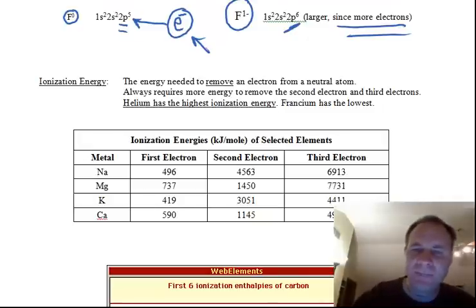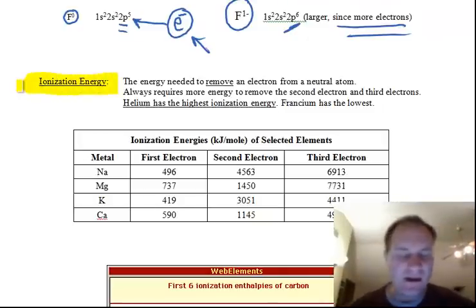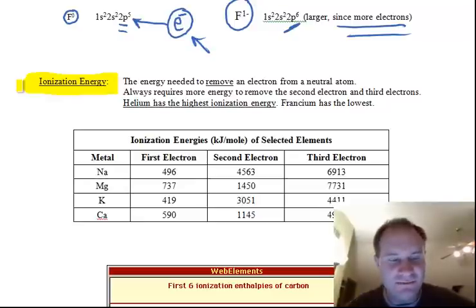Ionization energy. I've always thought that they should call it cationization energy, because it's the energy needed to make a cation. So we're always pulling out an electron. We're always removing an electron.